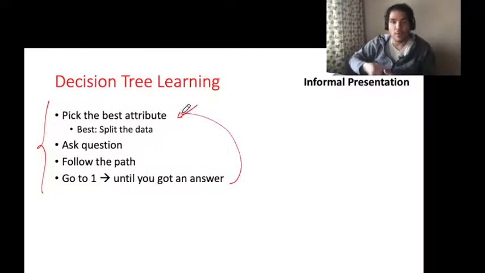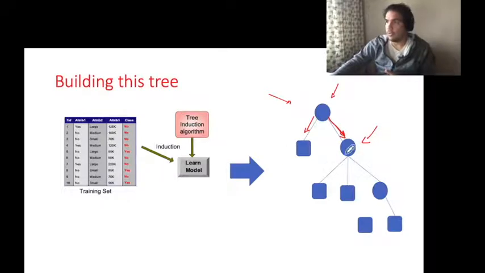We have to select again the best feature, and then check all the possible outcomes for this particular feature in order to continue building the tree.